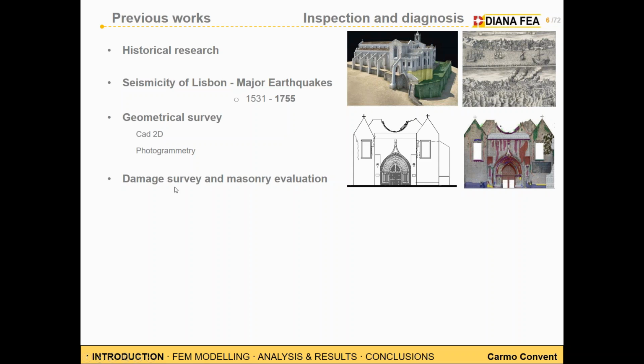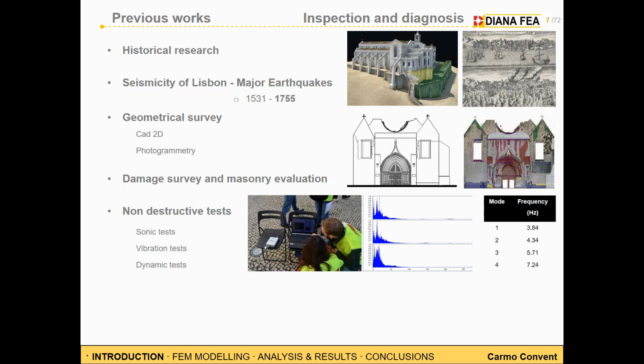And of course, it was also worth to have an idea of the damage along the structure and the evaluation of the masonry, which is mainly stone masonry, but the variety is significant because we can have large and big blocks, but also irregular and core material.